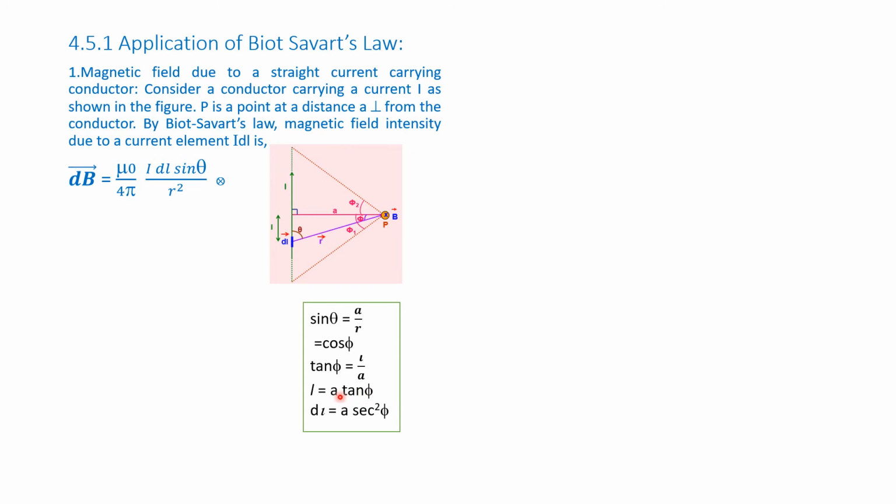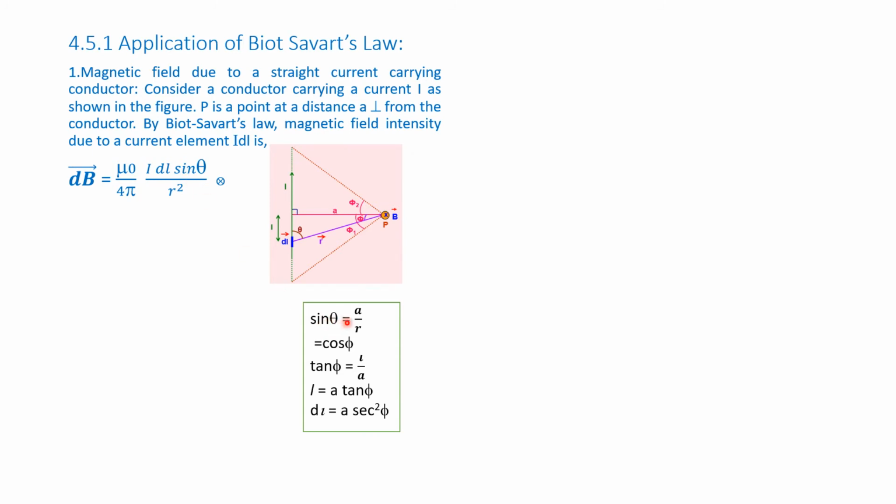And if we differentiate this equation, L equals A tan phi, we will get dl equal to A secant square phi d phi. Please remember, as we have to substitute these quantities in this equation.